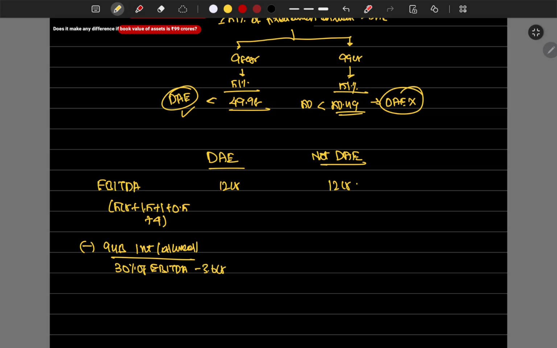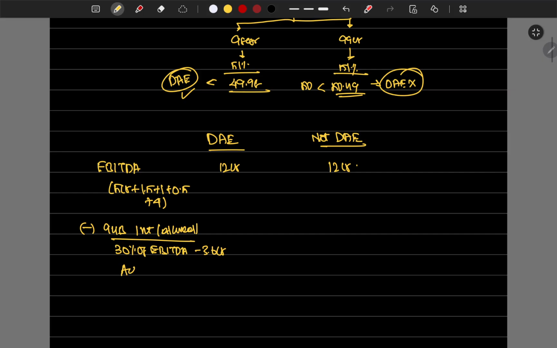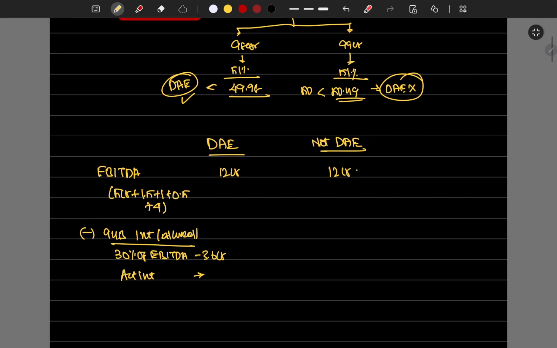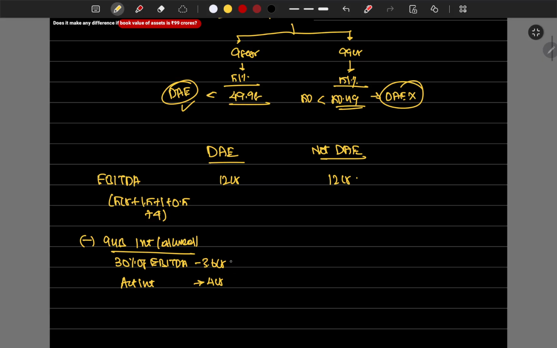Then actual interest, which is how much? 4 crore. So the disallowed portion is 0.4 crore.